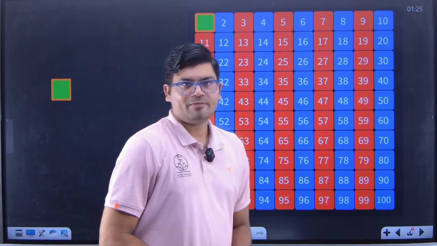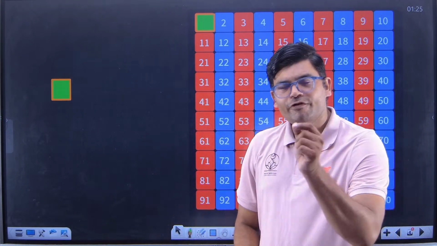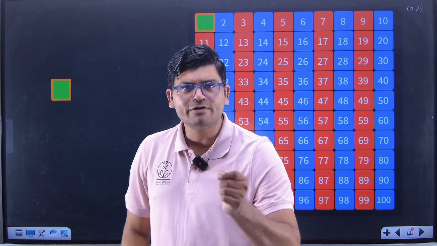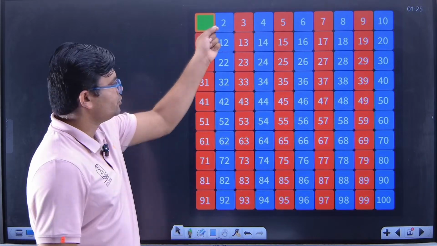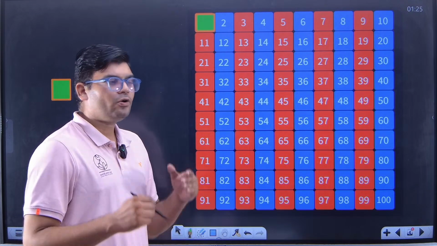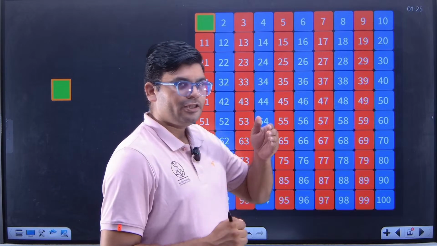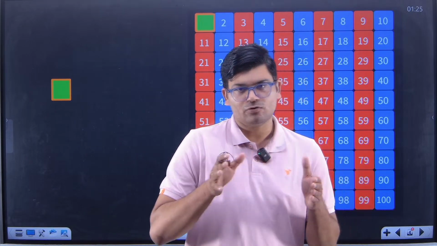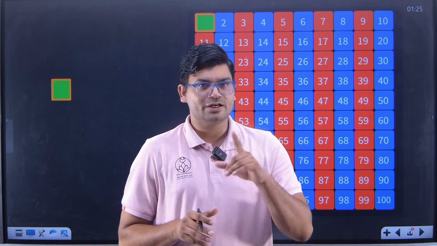So 1 is not a prime number. The first and the only even prime number is 2. See, the greater number can be divided only by the smaller numbers, or by a number equal to itself. You must understand this.